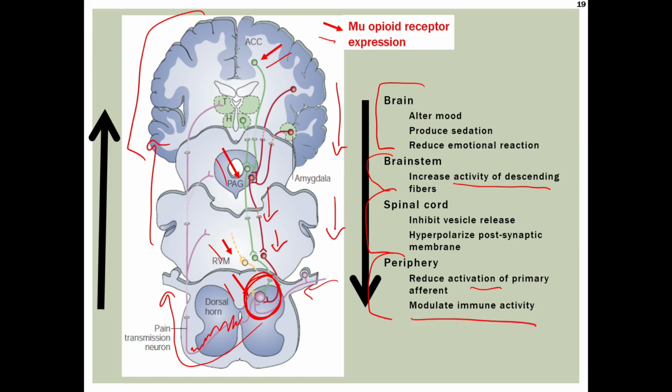And so, as we will see in the next lecture, the mu opioid receptor is a main target of both drugs as well as endogenous opioids to modulate the pain pathway, particularly the perception of pain as well as the activation of this ascending pathway. And the descending pathway coming down modulates the perception of pain as well as the signal coming up into the brain to allow you to perceive pain.